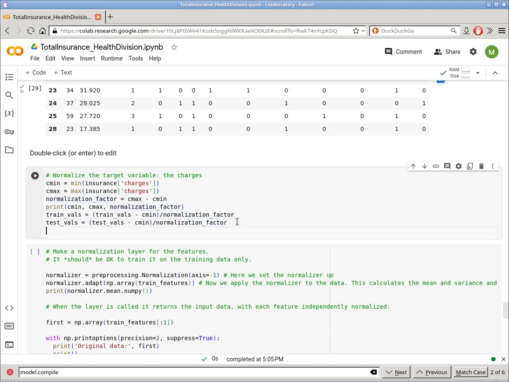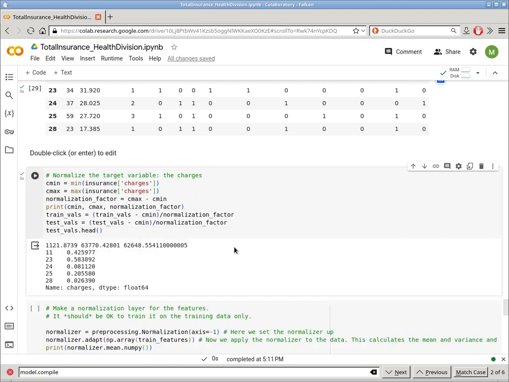And we'll just print some of these out. Okay, so this says that our minimum charge was about $1,100. Our maximum charge was almost $64,000. Our normalization factor is going to be about 63,000.